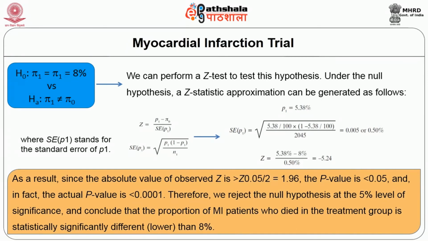The formula for this is you take the prevalence or percentage of your group minus the prevalence of the given 8%, which we call the population prevalence, divided by the standard error of the prevalence.